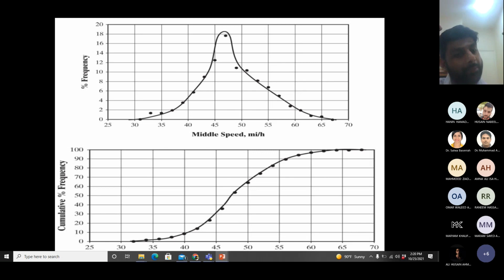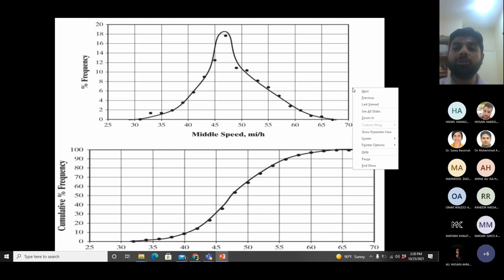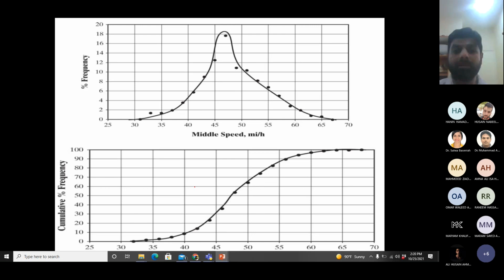Go to the cumulative frequency distribution graph. This is the graph which will tell you about the median. If you want to find the median, median means middle value, the 50% value, the value which divides the data into 50-50 halves.